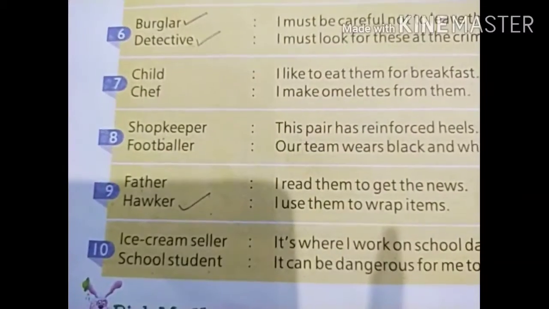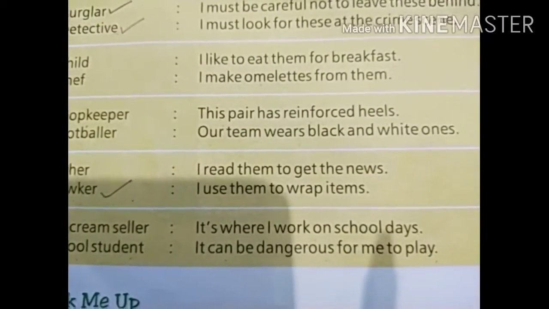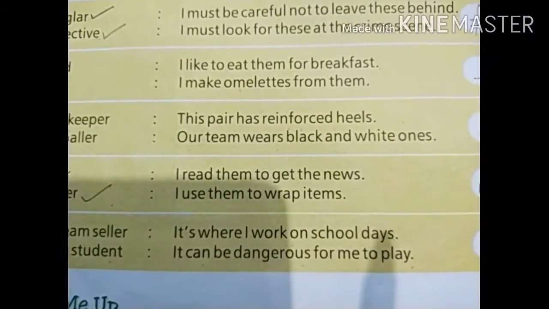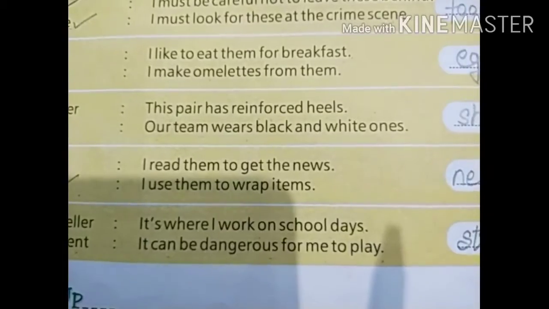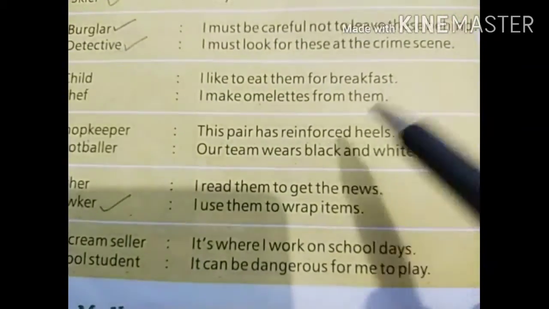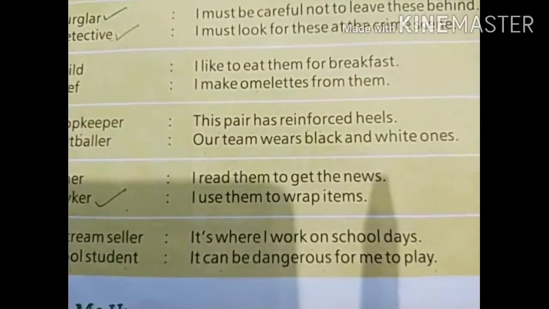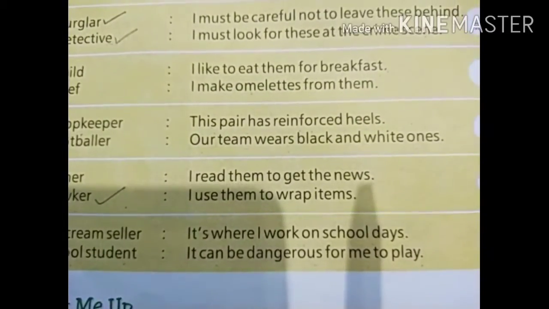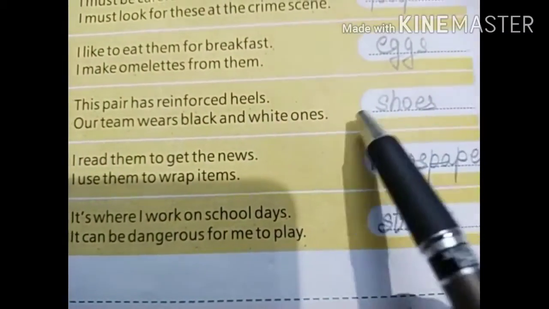So next, question number 8: shopkeeper and footballer. The shopkeeper is saying, this pair has reinforced heels, and the footballer says, our team wears black and white ones. Which thing has heels? Yes, they are shoes.